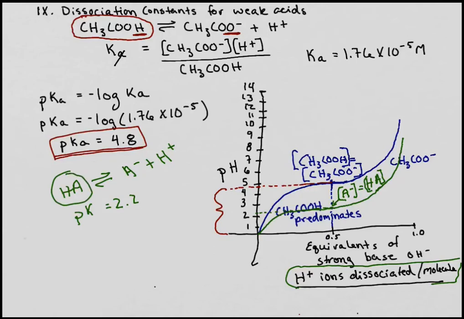At pHs of greater than 2.2, which is a big range of the pH scale, we know that A minus is going to predominate. So everywhere above 2.2, A minus predominates. So that's a stronger acid. This can allow us to derive an equation that allows us to calculate the exact concentrations of A minus and HA at any given pH. This equation is called the Henderson-Hasselbalch equation.